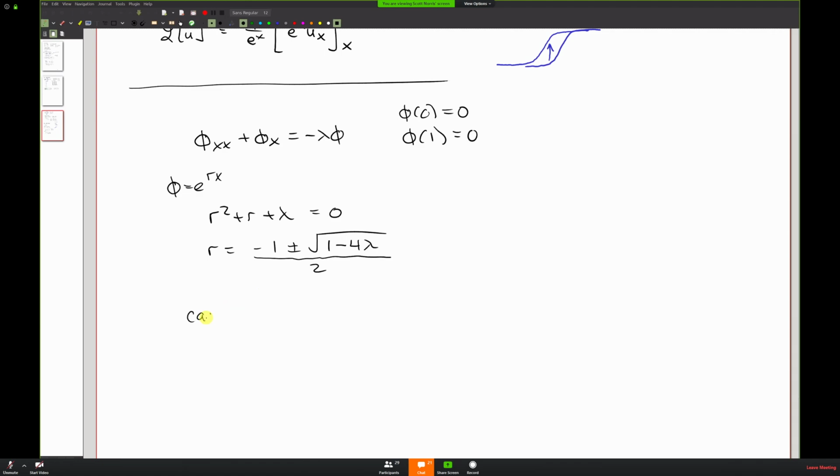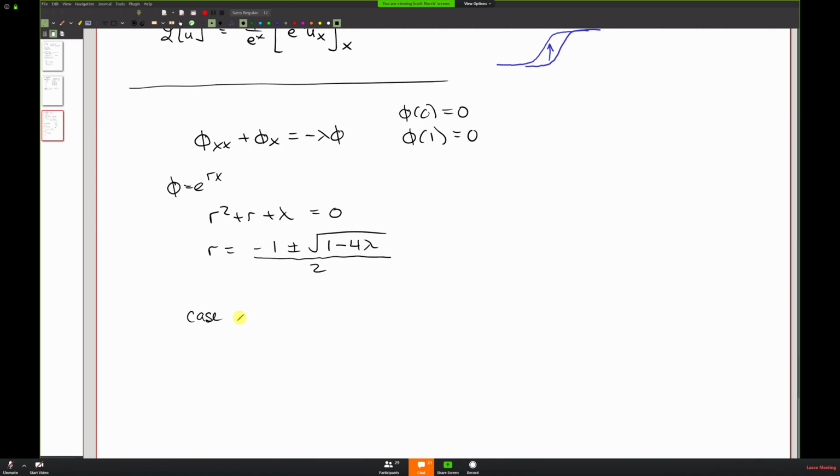We have, in principle, 3 cases. What's the dividing case here? Lambda equals 1/4. Yep, lambda equals 1/4.